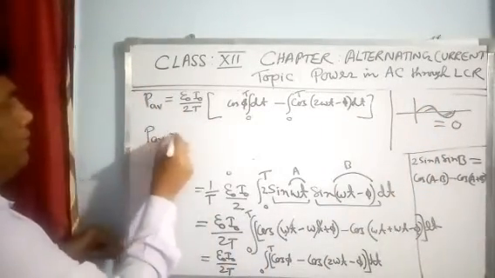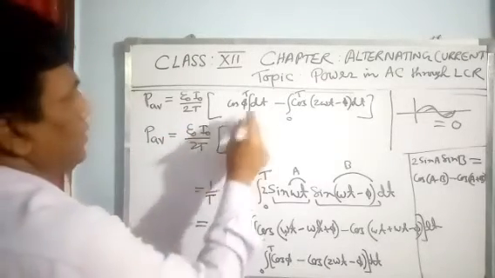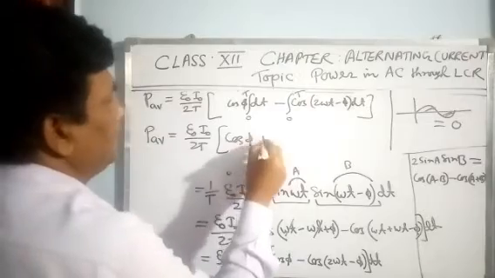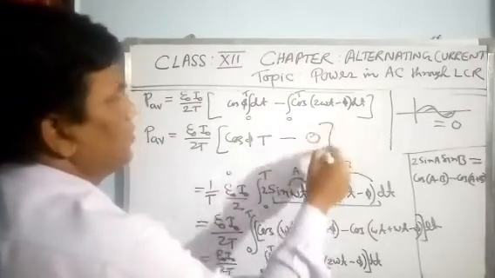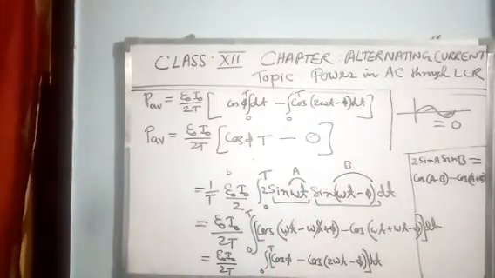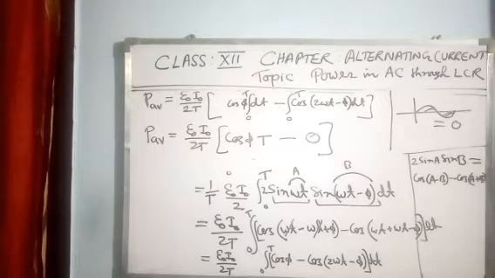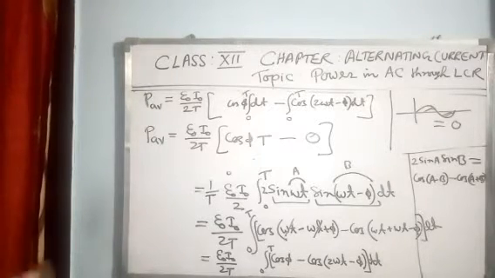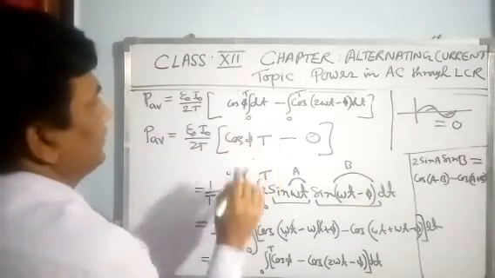So P average becomes E naught I naught upon 2T times cos phi times T. The integration of dt is T only, and this part is 0 for a complete cycle, 0 to T. If it were 0 to T by 2, it would be different, but for one complete cycle it is always 0. Remember, it is multiplied not with phi but with cos phi.